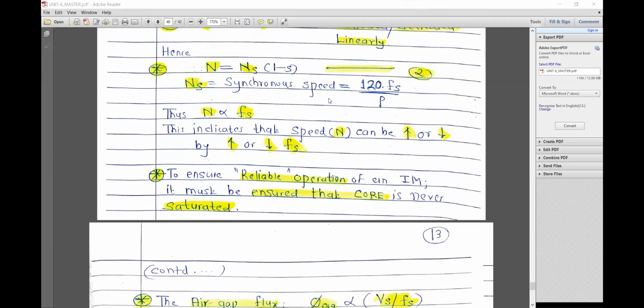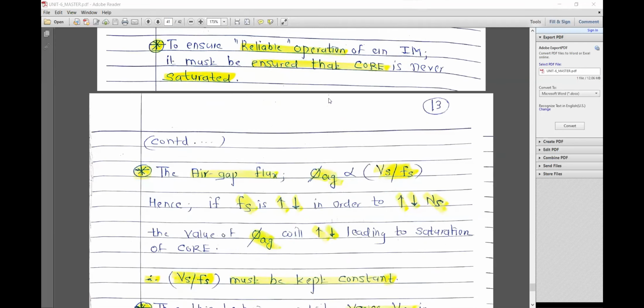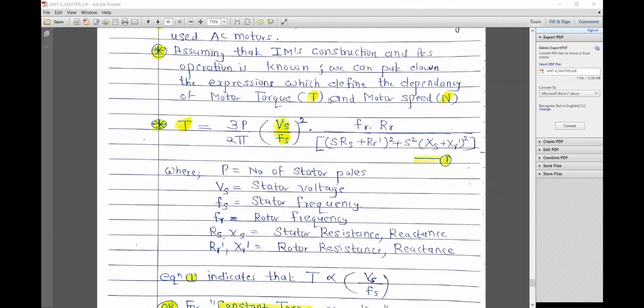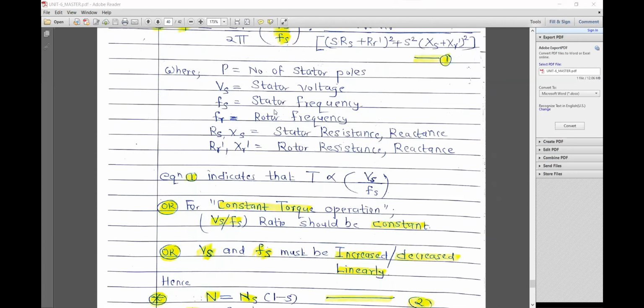I repeat, for a reliable operation of an induction motor, if the ratio of stator voltage to stator frequency is not constant, then it leads to saturation of the core, which reduces the efficiency of the motor. Is it clear?